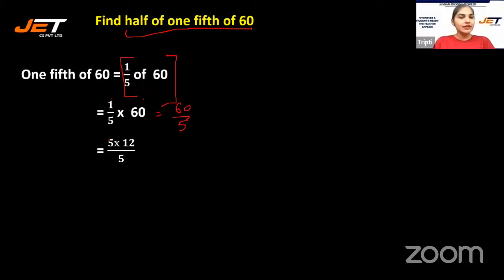But how can we write 60? 5 times 12. In the denominator there is 5. 5 cancels. 12 is there. That means 1/5 of 60 is 12. Now we need to find the half of.